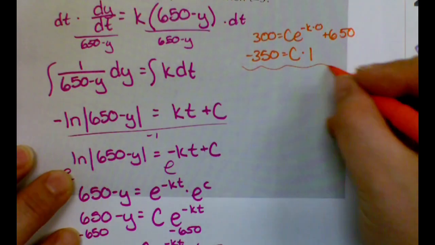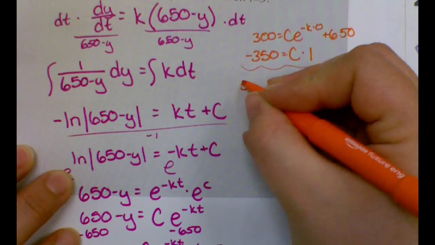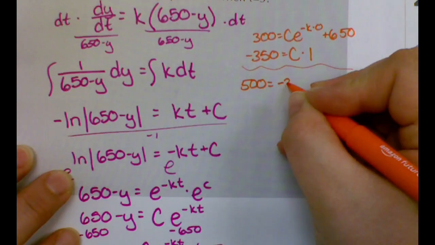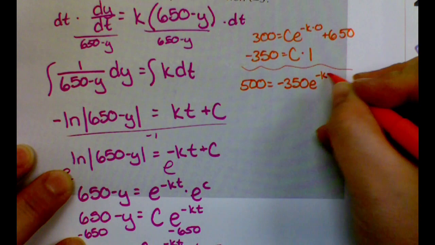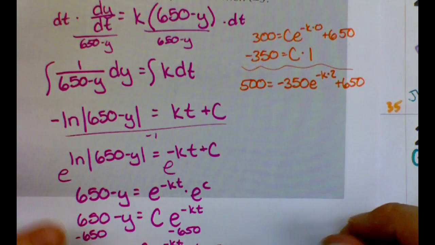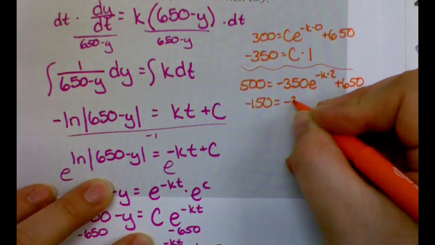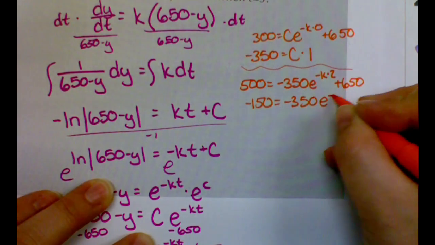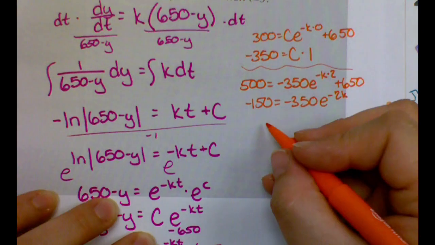Now we take our other condition. When t is 2, the population is 500. So 500 equals, c is now negative 350, e to the negative k times 2 plus 650. And now we solve for k. We get negative 150 equals negative 350 e to the negative 2k power. Divide by negative 350.